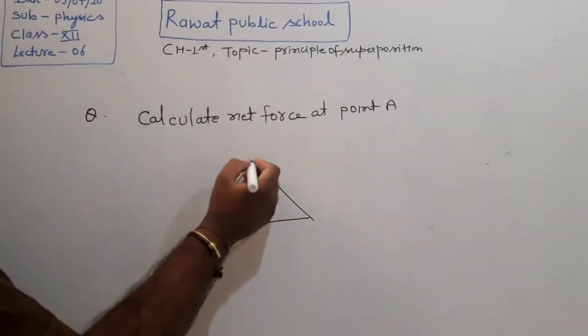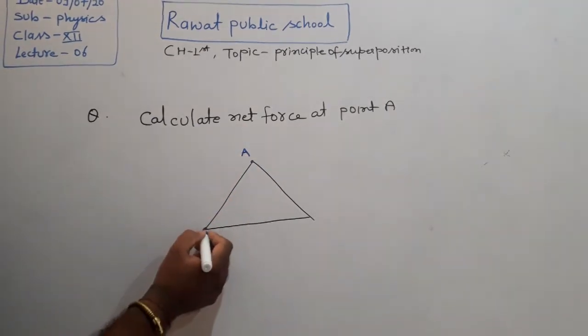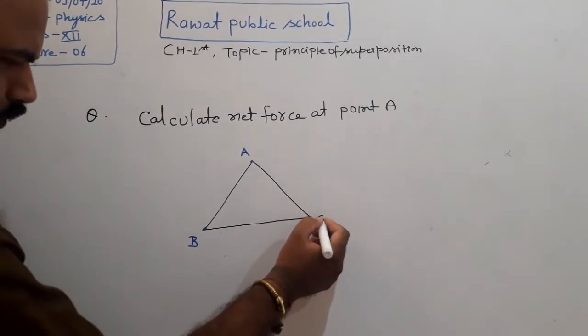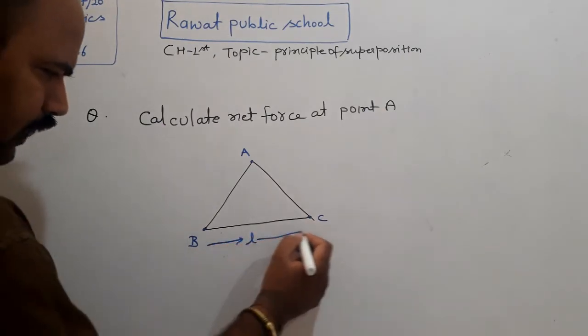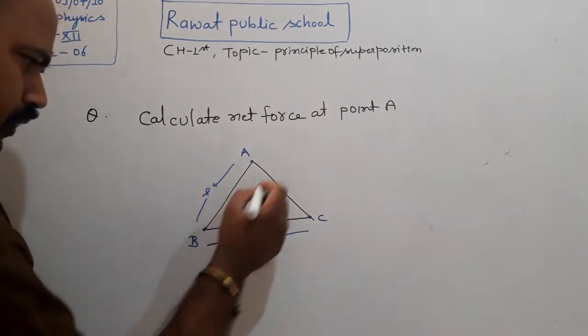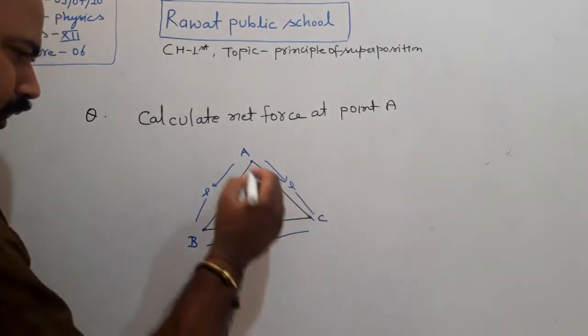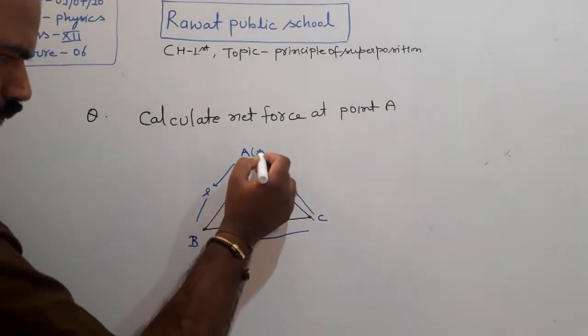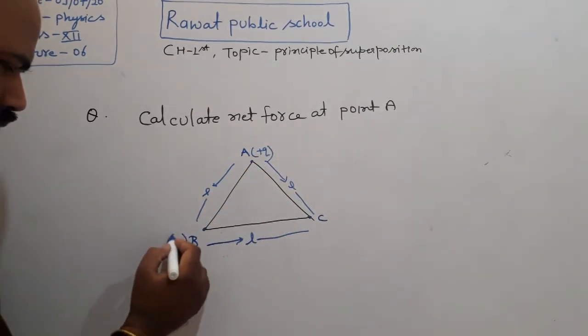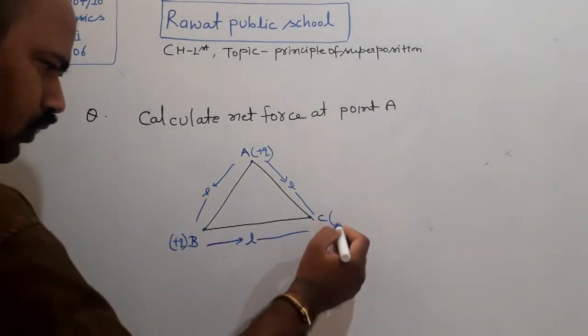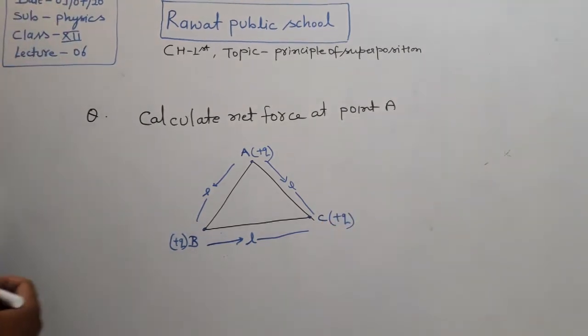This is point A, B, C. The length of the equilateral triangle side is L. And here charge plus Q is placed at points A, B, C. Plus Q charge is placed, and we have to find the net force at point A. So we have to apply the principle of superposition.